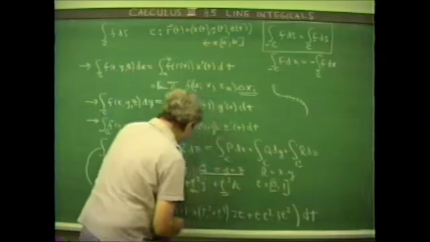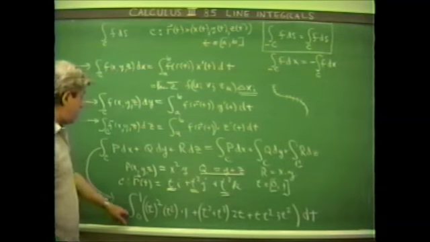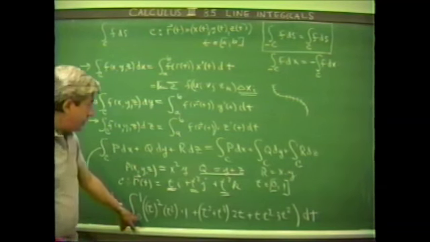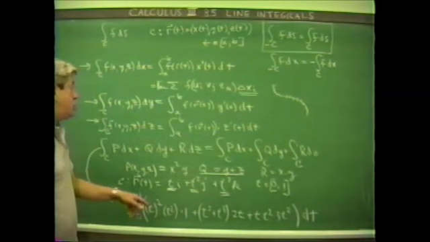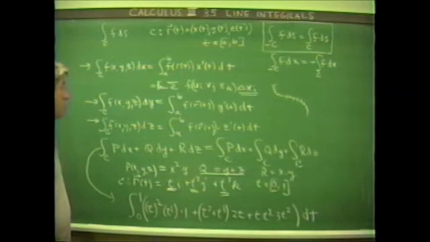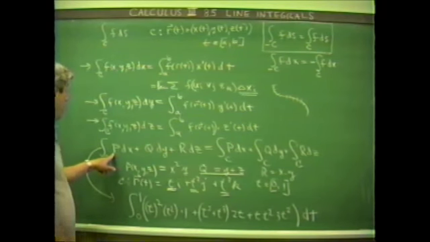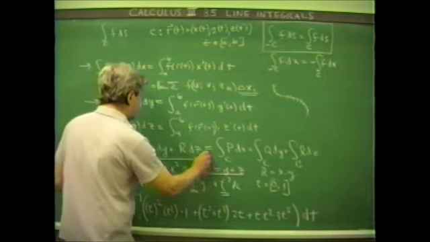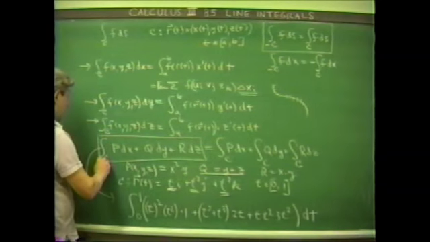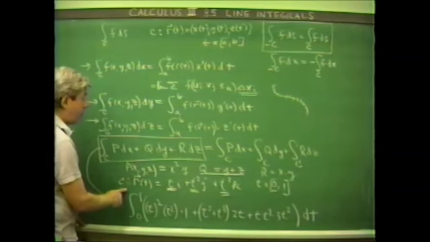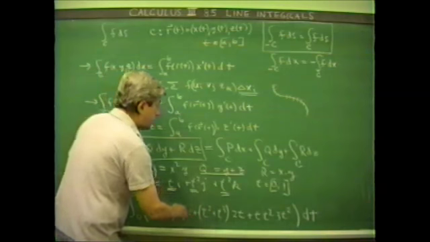So the entire integral is then an ordinary integral. It's the integral from 0 to 1 of the function in parentheses, which is simply a function of t. So here's how to evaluate an integral that looks like this along a curve C. Any parameterization of C will result in the same integral.